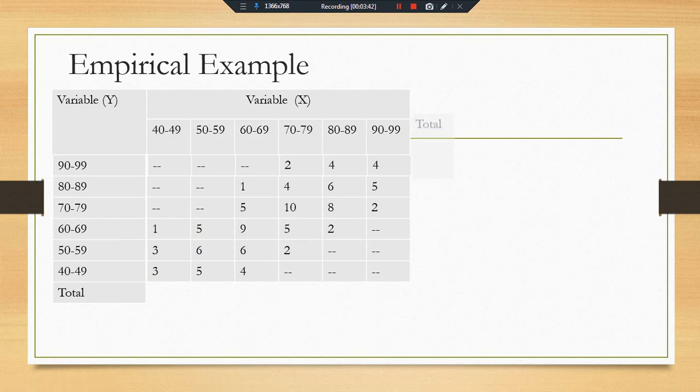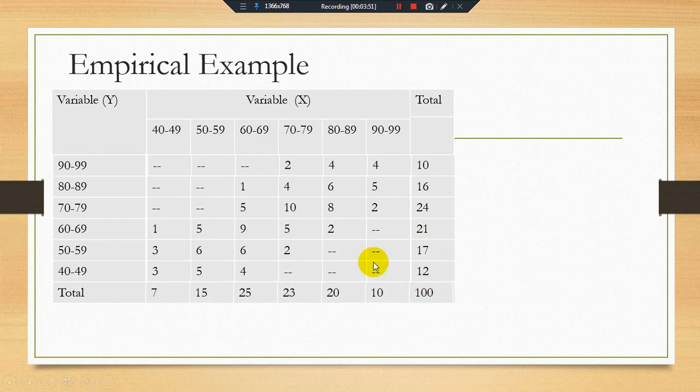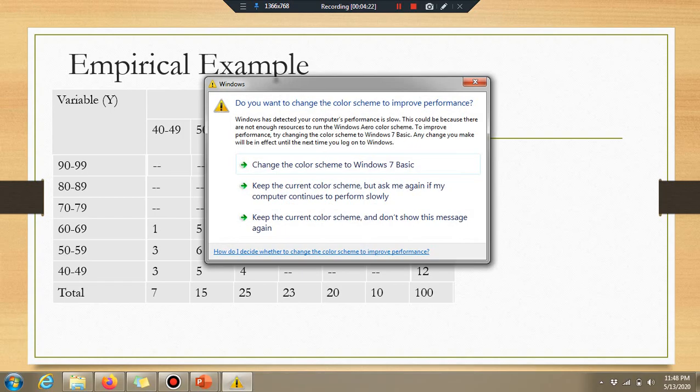The total frequency is 100: this row shows the frequency of the row, and this shows the total frequency of the column, so the sum of these and the sum of these equal 100. This is the main quality of group data correlation.